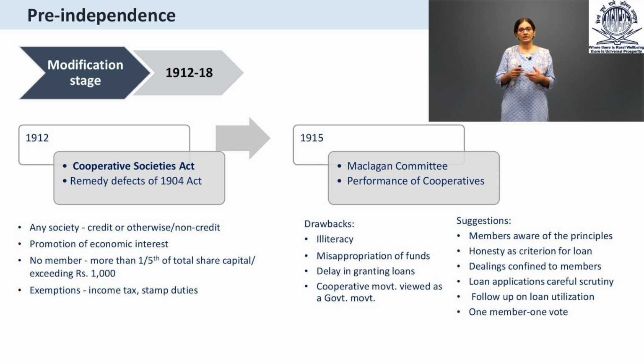Dealing should be strictly confined to members only. Applications should be carefully scrutinized before giving loans, and there should also be careful follow-up for effective utilization of the loan, and one member, one vote should be strictly followed.